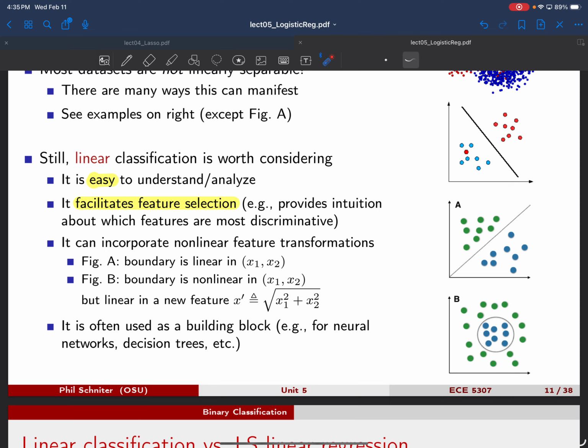They essentially do all this fancy nonlinear pre-processing so that the linear classifier, which is the very last stage, works great. So linear classifiers are an important building block, as well as being easy to study and facilitating feature selection.